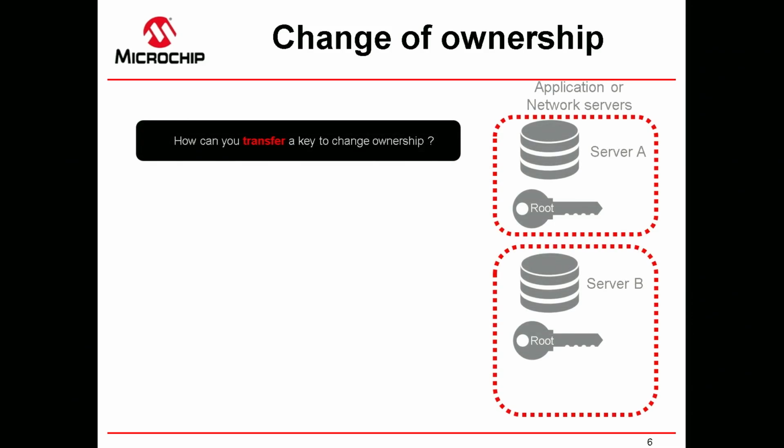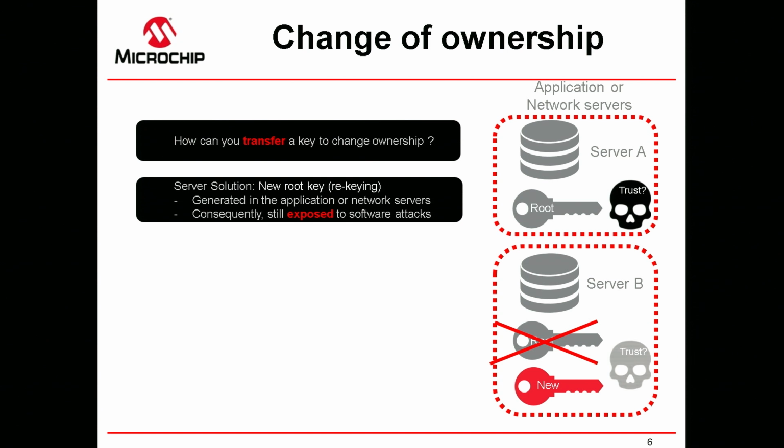And then we have another challenge, the change of ownership. Let's say I want to use TTI servers, and tomorrow I want to use another provider. How is the key being transferred? How is that authority being moved from one server to the other? That's where problems start to happen again, because the origin of that key is not controlled.